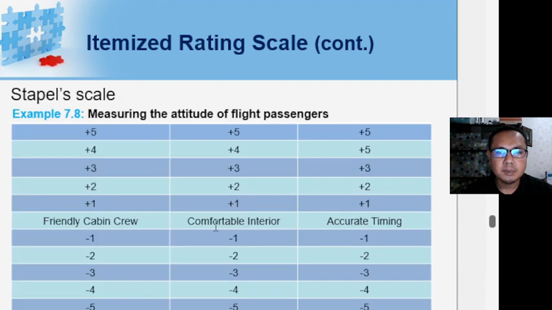This is an example for Stapel. You can get more examples in the textbooks, measuring the attitude of flight passengers: friendly cabin crew, comfortable, inferior, accurate timing.